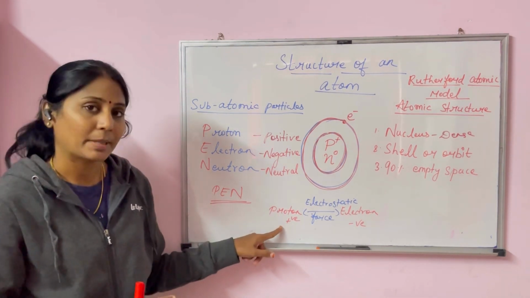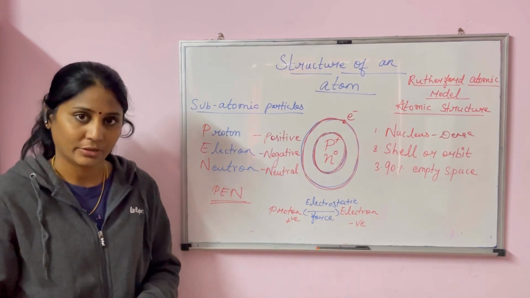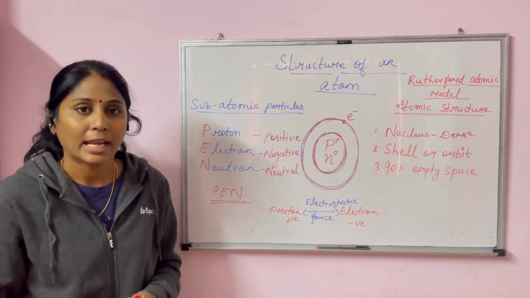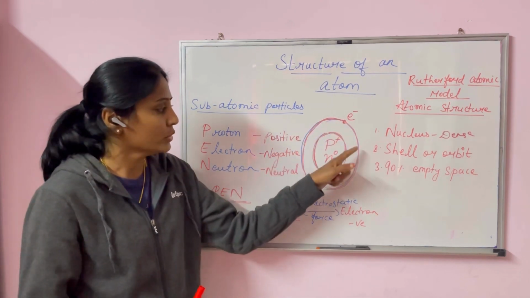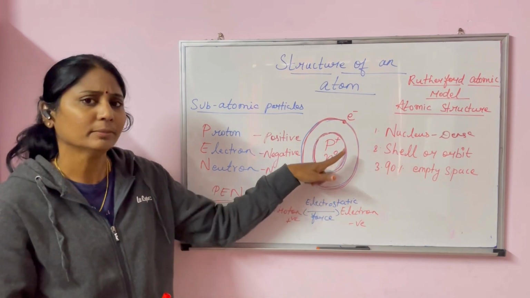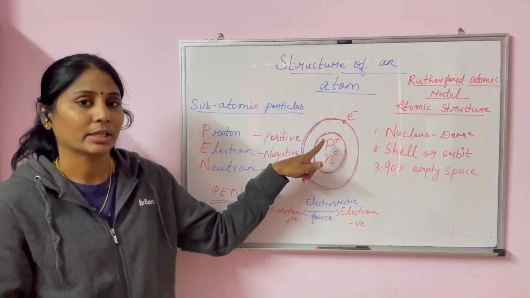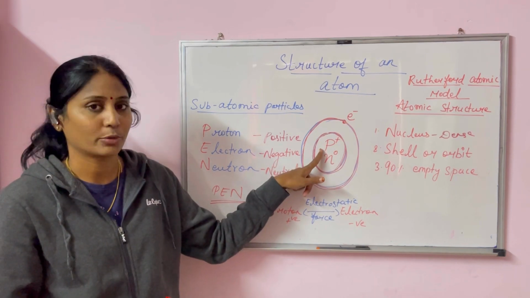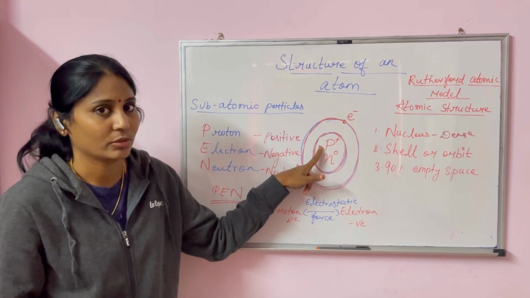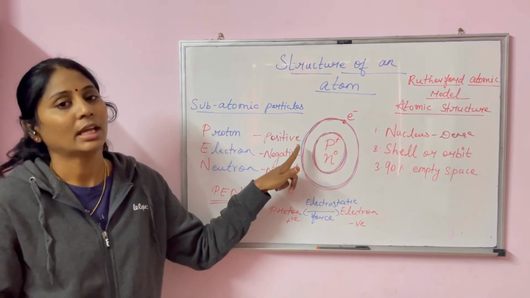Because the proton is positive and the electron is negative, it has some attraction, which we call the electrostatic force. Because of that, the electron is constantly revolving in a circular path around the nucleus, because inside the nucleus the proton is there, and it has a positive charge. Because of that attraction only, it revolves around the nucleus.